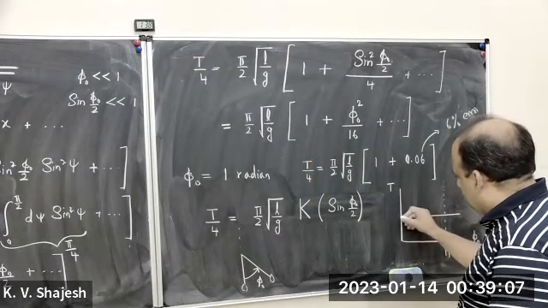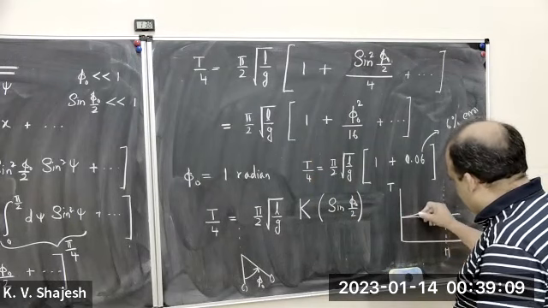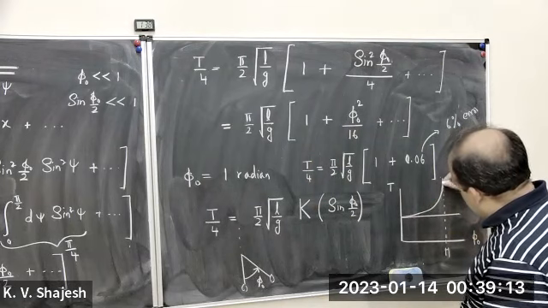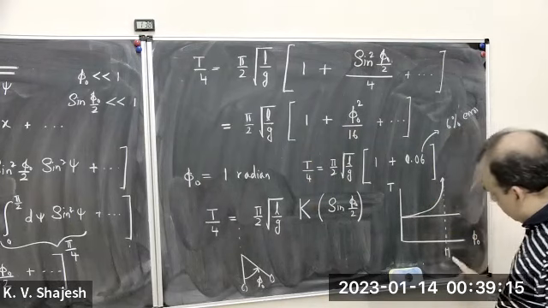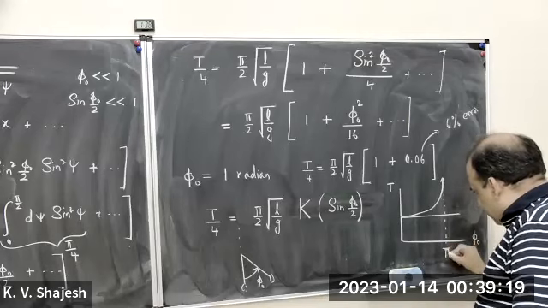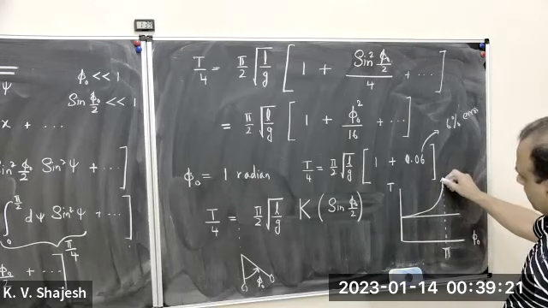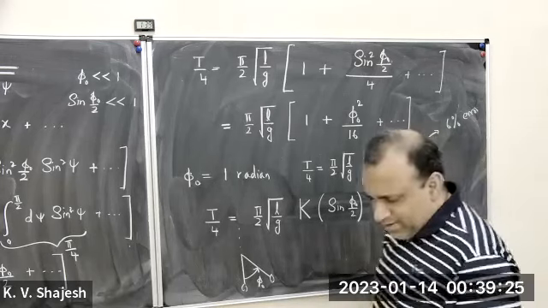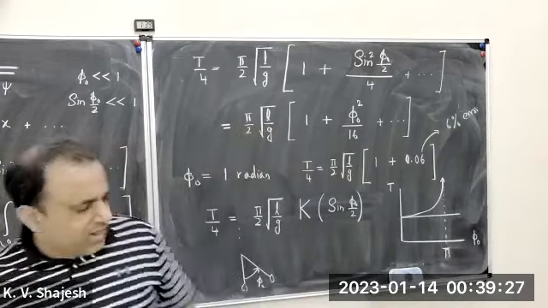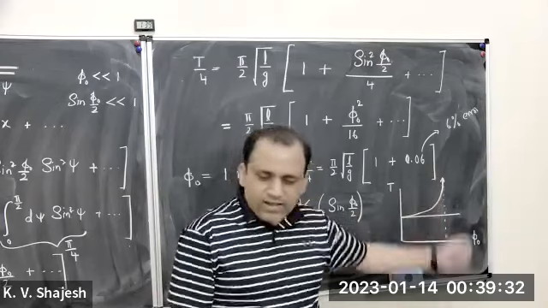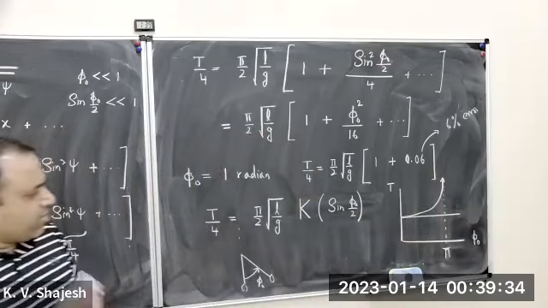elliptic integral of the first kind, and it grows quadratically, but then very quickly it diverges. So as you approach pi here, the time period actually diverges. And the question comes, okay, this is a large quantity, but how does this growth plot look like in the extreme scenario?